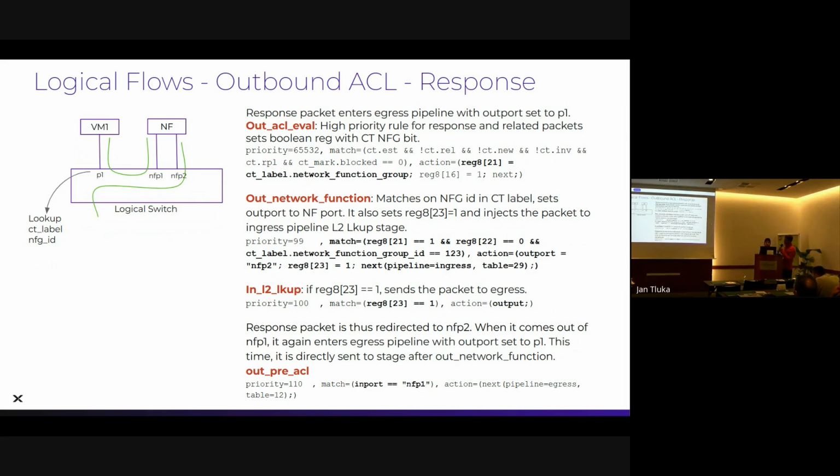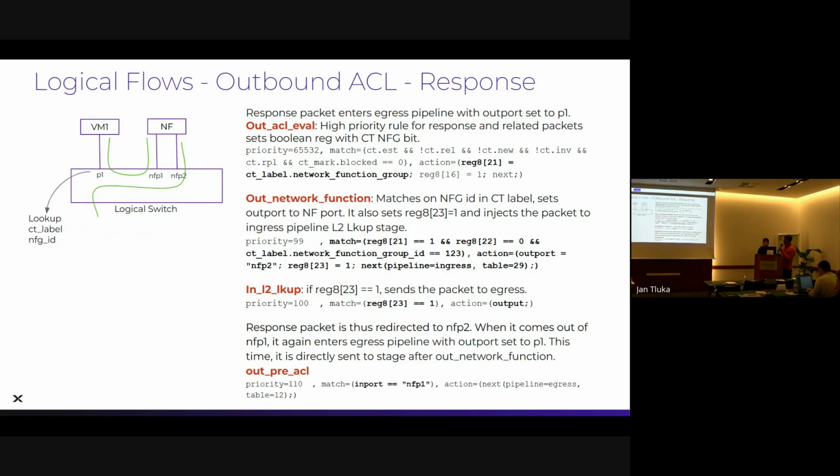Accordingly, in the output network function stage, we know this is a network function packet, and we check the NFG ID stored in the CT label and figure out the output. In this case it has to go to NFP2, because the request went to NFP1 and the response has to go to NFP2. Since we overwrote the port in the egress pipeline, we have to re-inject the packet back to the ingress pipeline.